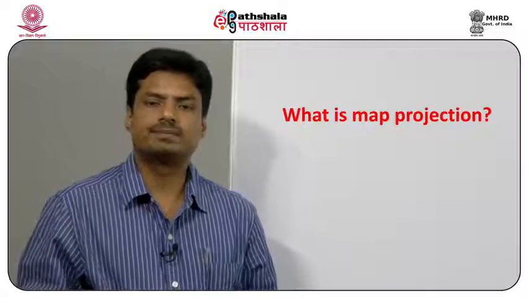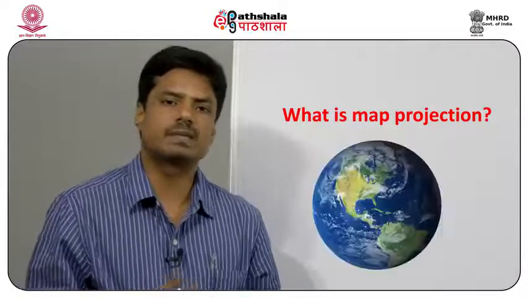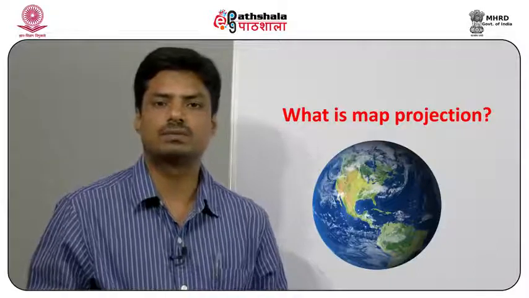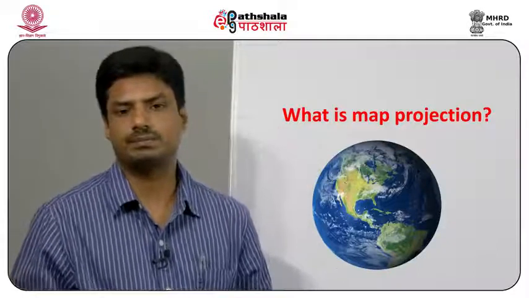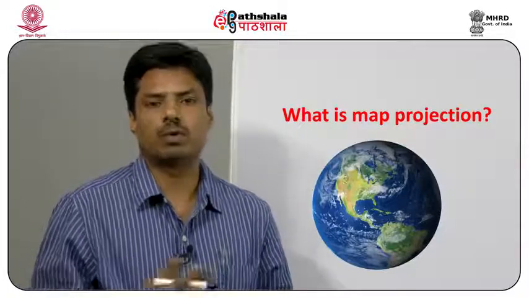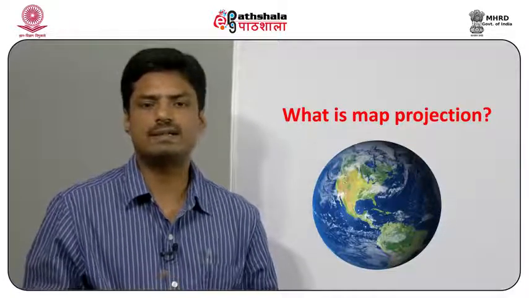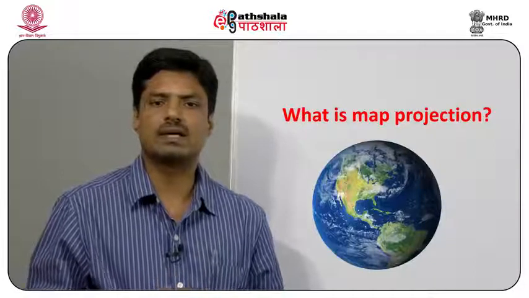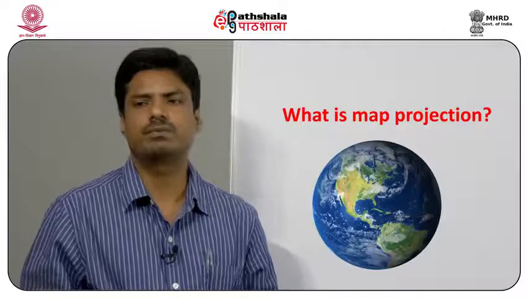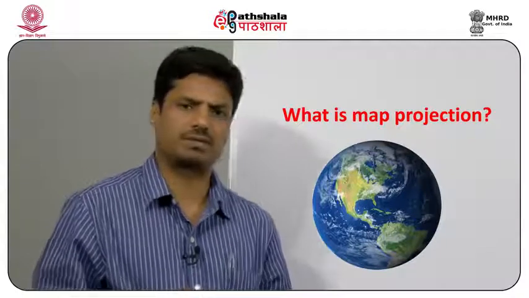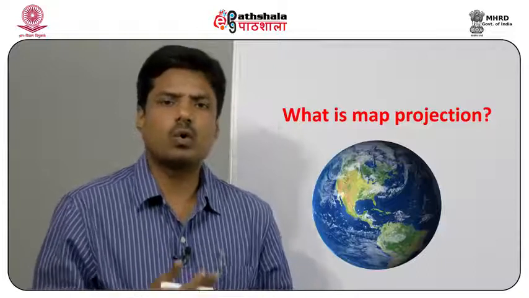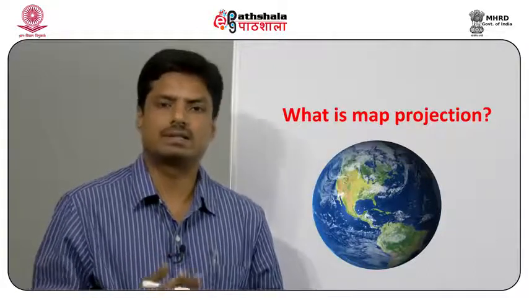You know that the globe is the best representation as far as the representation of earth is concerned. You all know the shape of the globe. It is circular in nature, just like the earth's surface. But with the globe, we have several limitations. We cannot construct the globe on a very large scale.